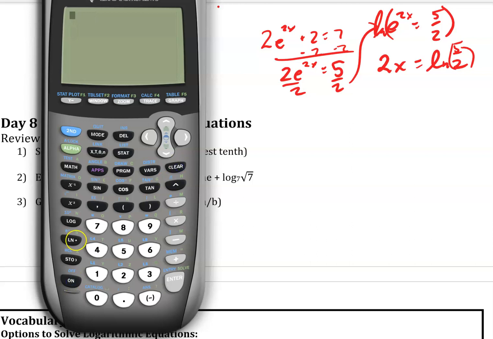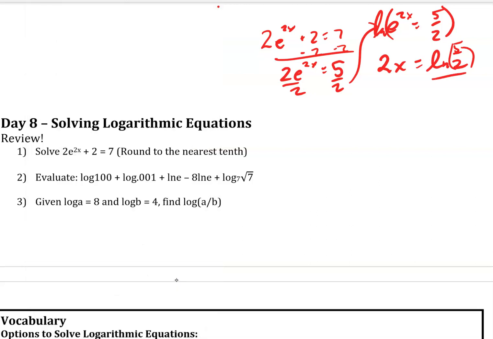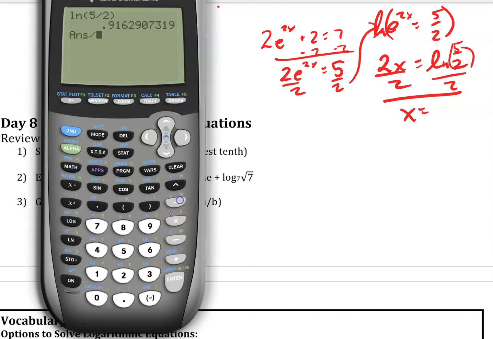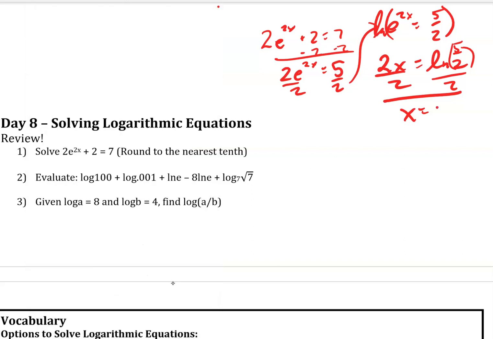We'll take the ln of 5 divided by 2. 0.916. And that's 2x. So we're going to divide both sides by 2 to get x. 0.458, and then it says round to the nearest tenth. So 0.5 for number 1.